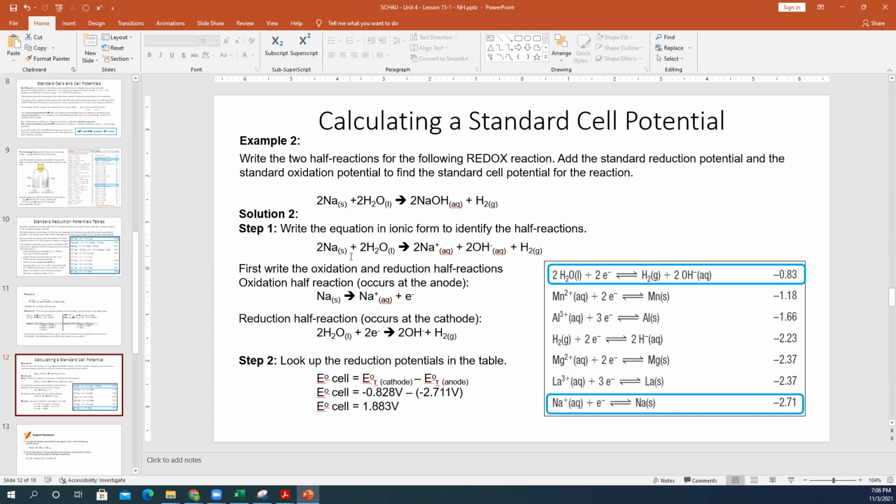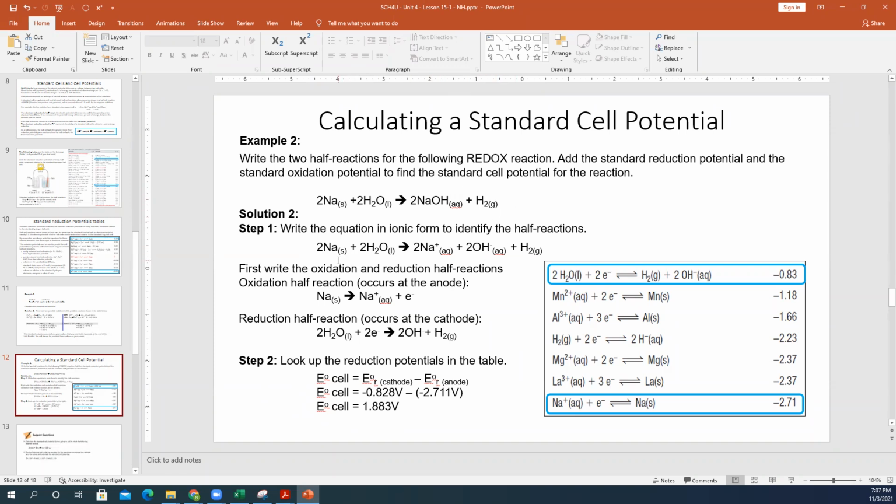Step 1 is to write the equation in its ionic form to identify what the half reactions are. So let's break this apart into its ions. Here we have solid sodium plus water, going to sodium hydroxide, which is aqueous, so it can be pulled apart into its ions, plus hydrogen gas.